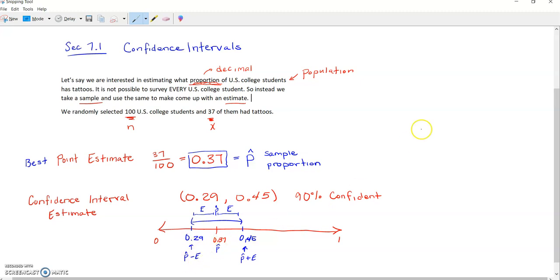So the margin of error we can find by taking the upper end of our interval plus the lower end of our interval, dividing by 2. No, I'm sorry, I did that wrong. That gives you p hat.